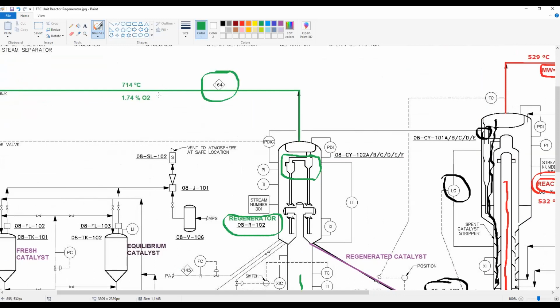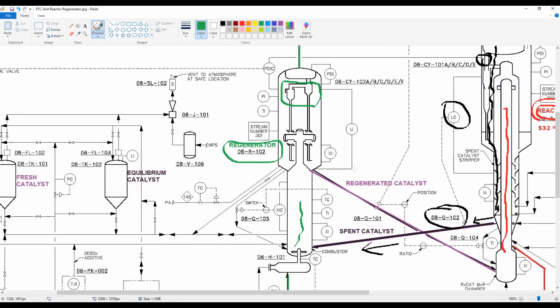And we have here this amount of oxygen. Remember that we have said that we have to ensure between 1 and 2% volume of oxygen in the flue gases. In this case, we have 1.74, and we have this temperature, 714 degrees C. Okay, so we have an excess of oxygen to ensure the complete combustion in the regenerator.